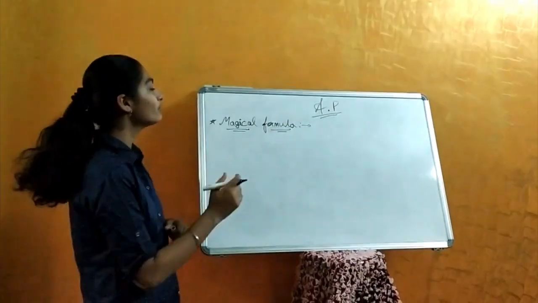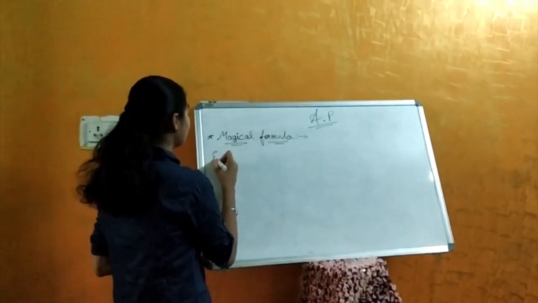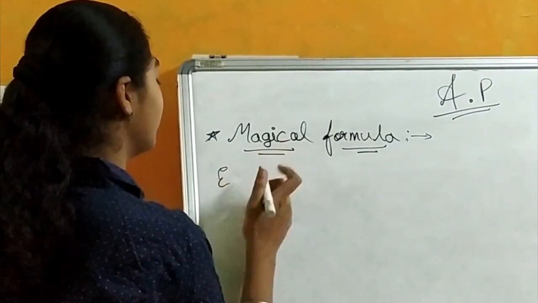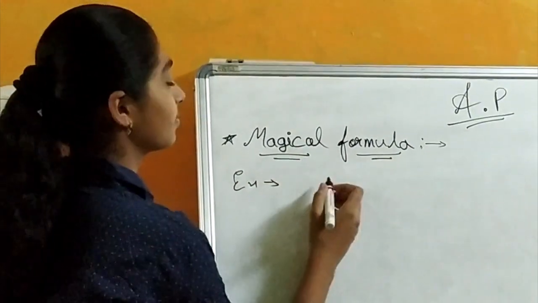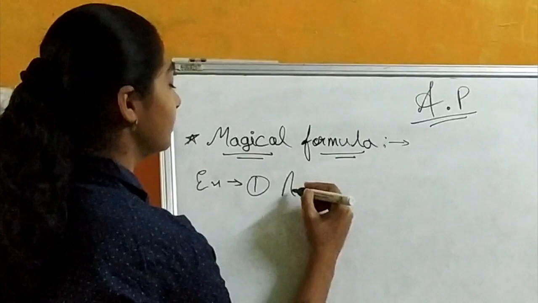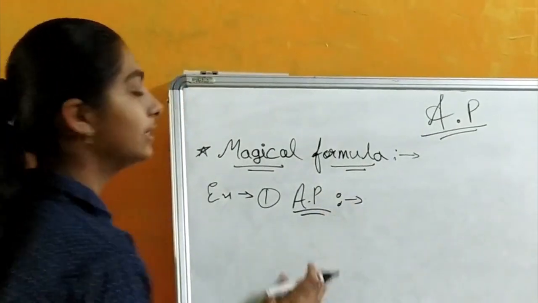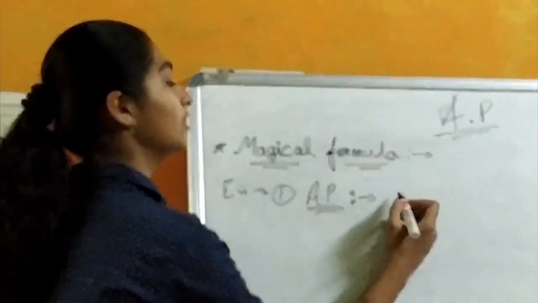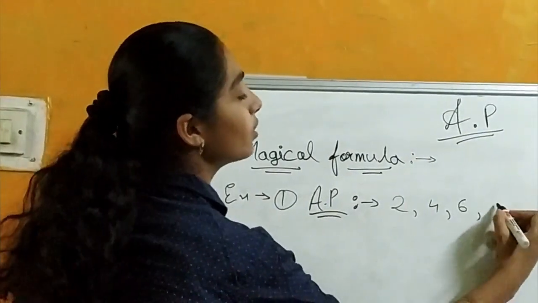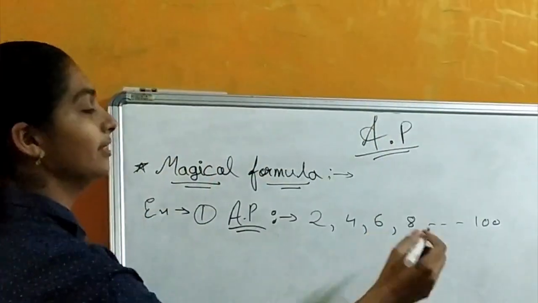Okay, now we will have some examples to understand our formula. Say we are having the first question, say the AP is 2, 4, 6, 8 and so on till 100.